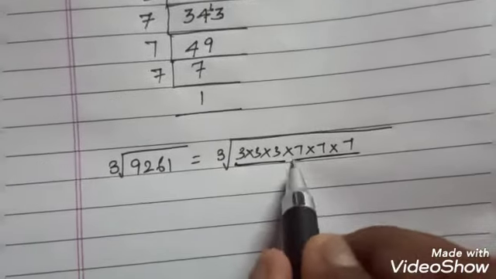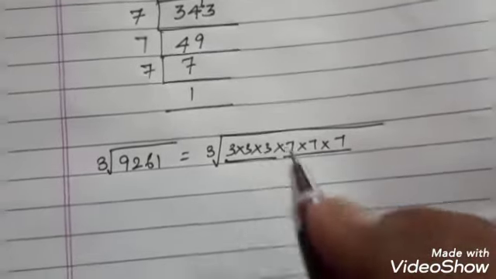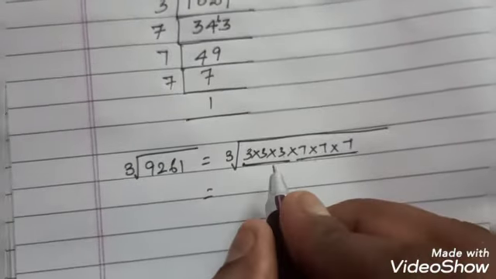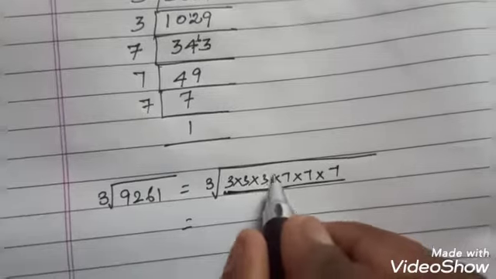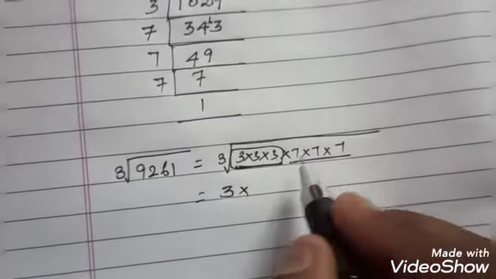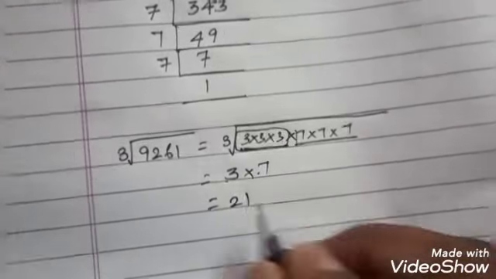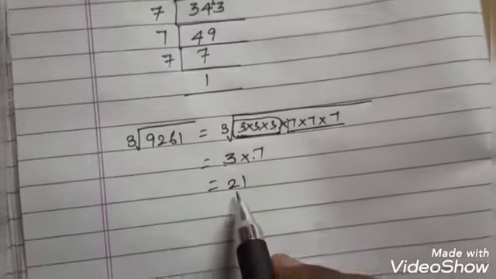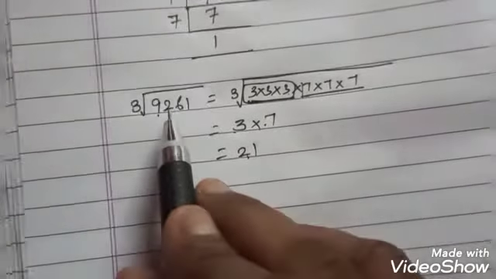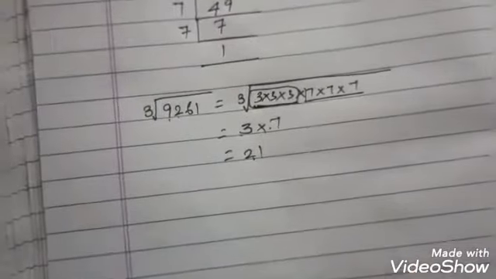Out of this triplet, we take only 1. Out of this triplet, we take only 1. So 3 7s are 21 is the answer. So the cube of 21 is nothing but 9,261. The cube root of 9,261 is 21.